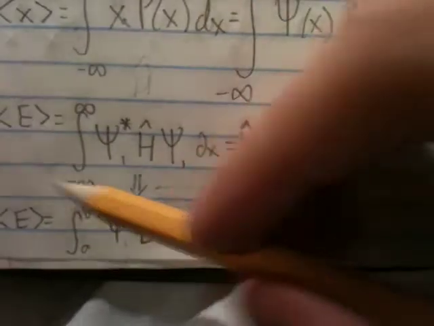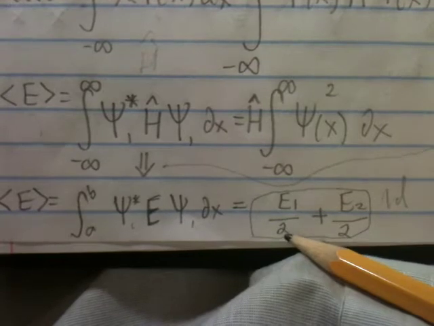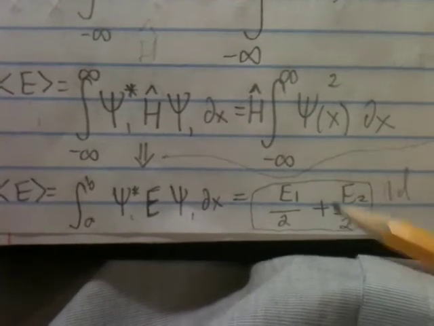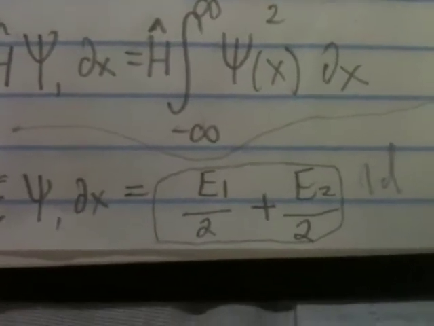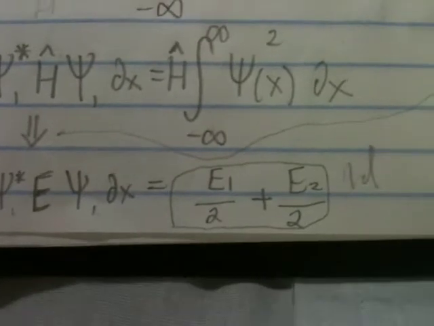And it just so happens that for, I believe, one dimension, the expectation value is E1 half plus E2 half. This, interestingly enough, is this sort of weighted average thing going on, because when you measure the energy, it will actually collapse into one of two states. So that's just sort of like the average.